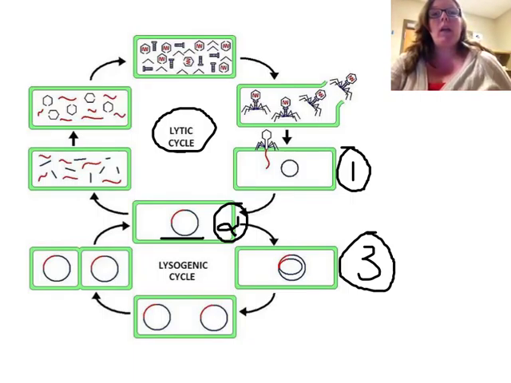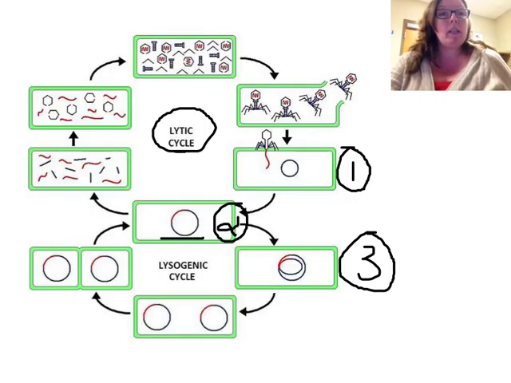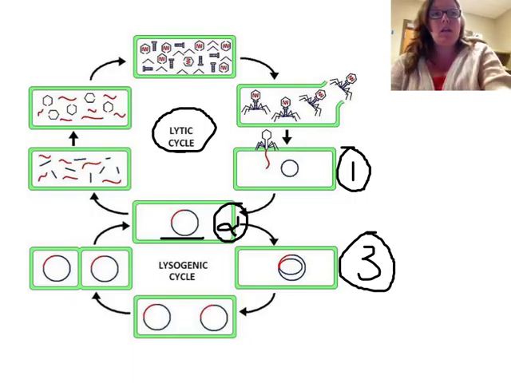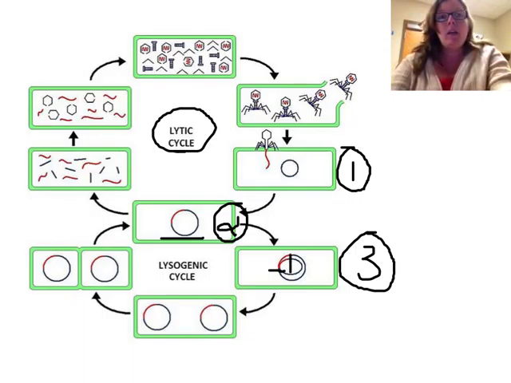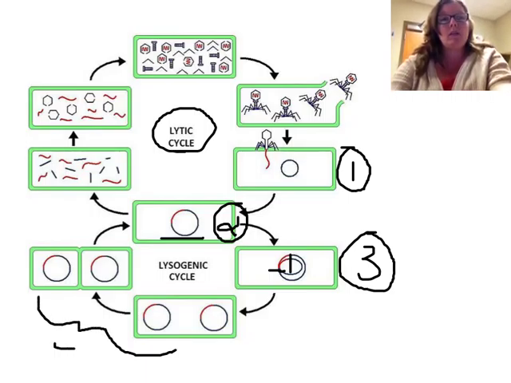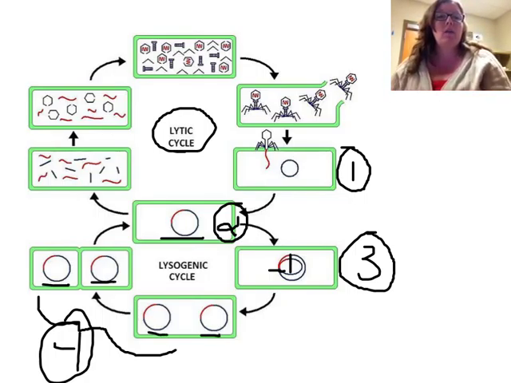So step 3, when the cell gets ready to divide, it's going to copy the viral DNA and its own DNA. See, it's in there, right? Here's the little plasmid with the little red viral DNA. So as the cell divides, and it's kind of here in step 4, both of these are step 4, you'll see the replicated DNA now ending up in 2 cells.